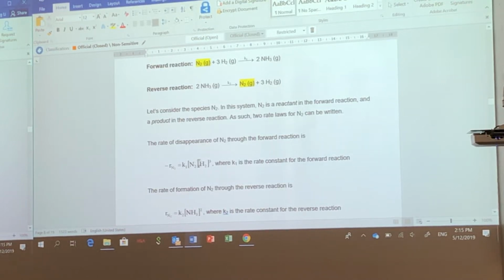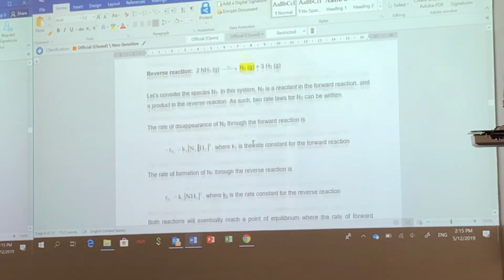But the concentration of all reactants will affect the reaction, so you must include both here. Please, I tell you later on, some of you will give me the answer like that. You write nitrogen, you write K nitrogen only. No, you must include both.